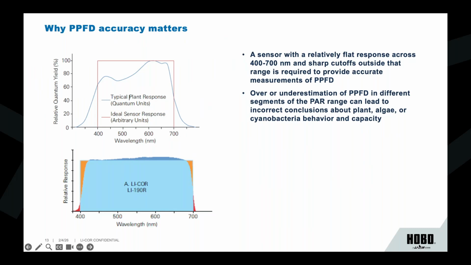So you see that I've got a graph of the typical plant response and the ideal sensor response. And then below, I've got a measurement of how the LI-190R, which was the basis for the LI-192, performs. They work in exactly the same way, just a different housing. And you can see that we neither over nor underestimate PPFD in the different PAR ranges.